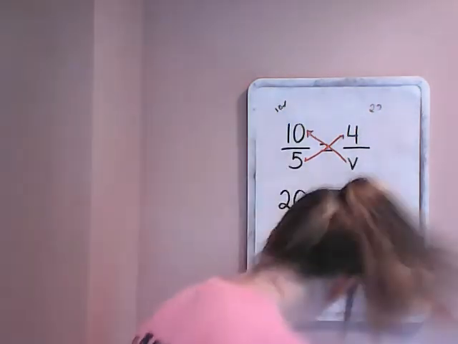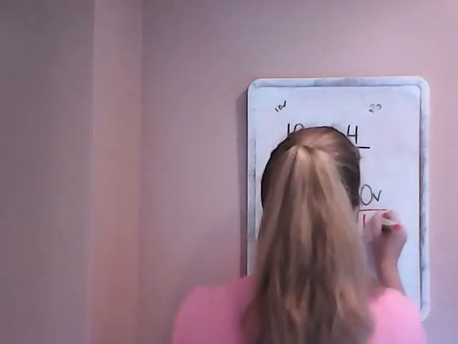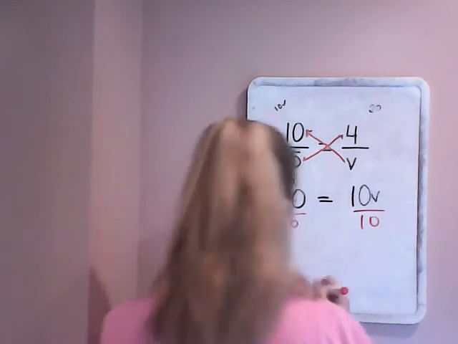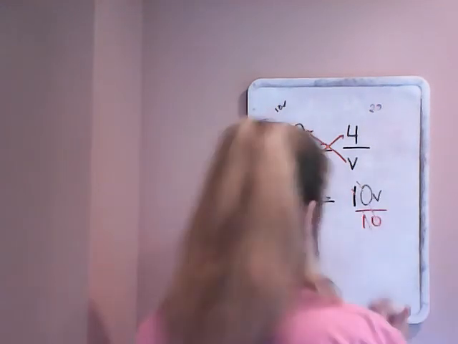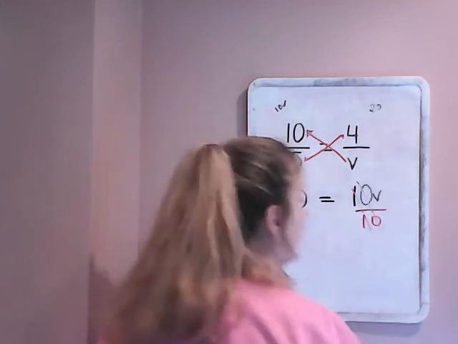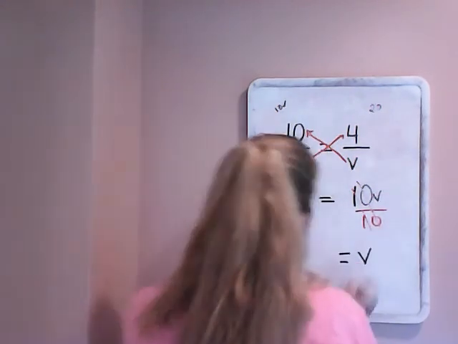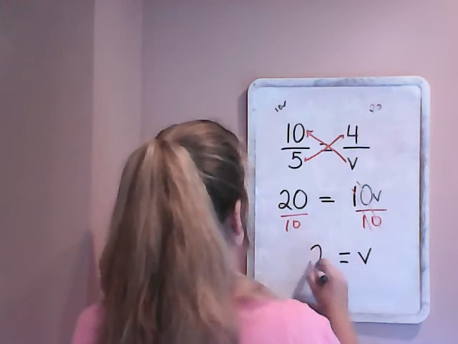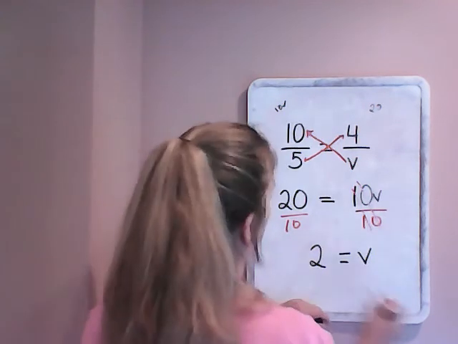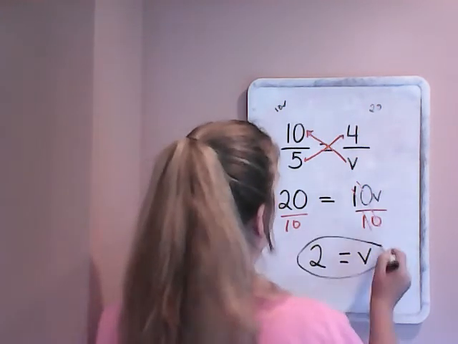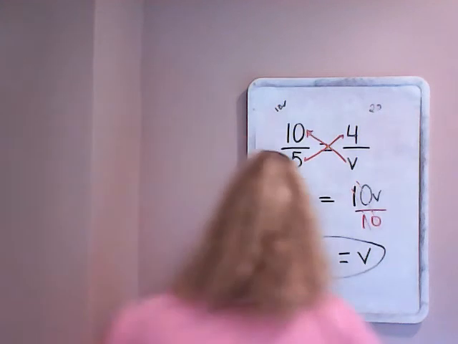Divide. So we're going to divide by 10 here. We're going to divide by 10 here, right? Because these will cancel out. 10 divided by 10 is 1. That's why we did it. So it's like 1v, or just plain old v is coming down. 20 divided by 10 is 2. So we solved this proportion. We solved for the variable, and the answer is 2.